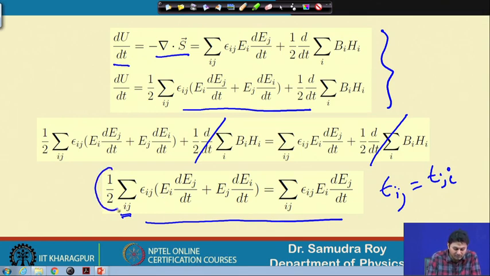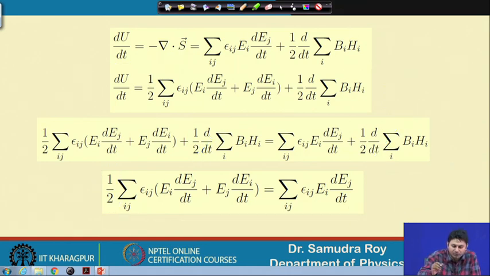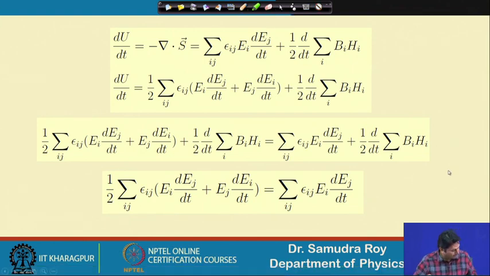So, that will cancel out this half term, and because of the cancelling out of this half term, eventually we will get a single equation like this. So, this equation will be consistent only when epsilon ij is equal to epsilon ji. With this treatment we can prove that this is the case here.